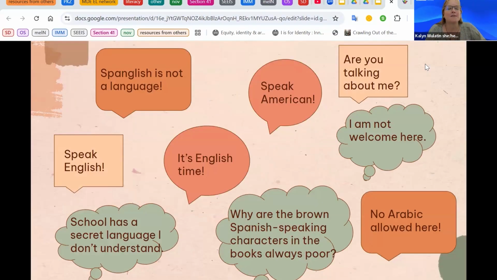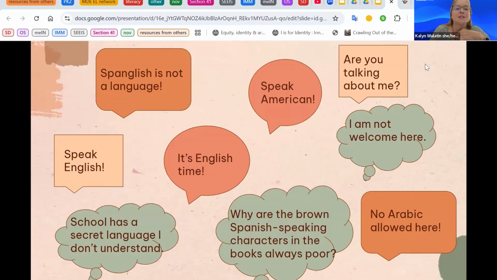So we get into this. And of course, these are all the negative things that students are hearing and internalizing, right? Speak English. Sometimes when students are talking another language, monolingual English speakers, especially adults, start to get nervous. Are you talking about me? Right? Speak American. It's English time.